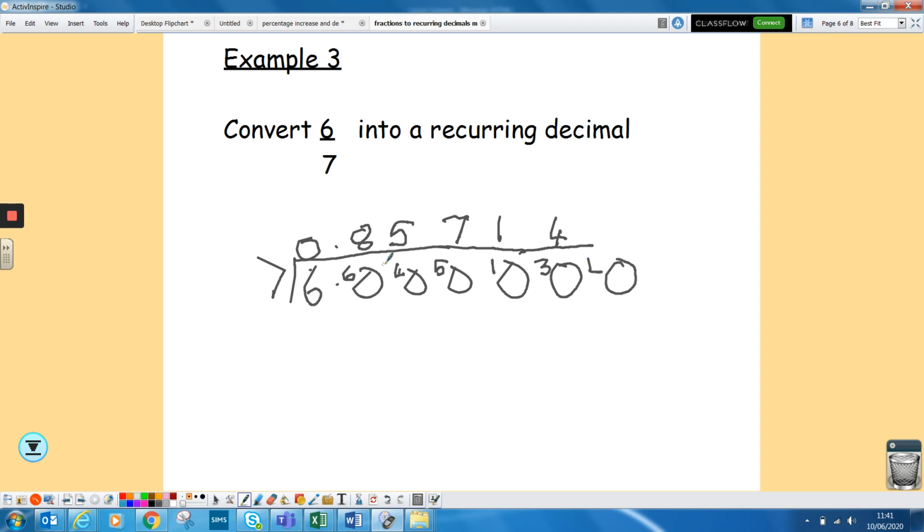So I'm going to keep going. 7s into 20 is 2, with 6 left over. And then as you can see, because I've ended up with this 6, which is what I started with, then that would be 8, and then it keeps going on. So it is repeating that big pattern there.